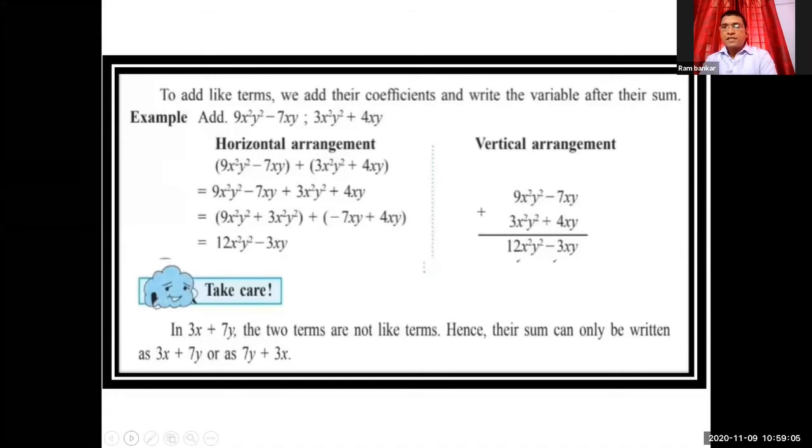Why is there a minus sign? Because outside the bracket there is a plus, and in the bracket there is minus 7xy. So plus and minus, negative and positive numbers, we will get the answer negative. Okay, minus. So 7 minus 4, 3xy is the answer. In this way we have written 12x square y square minus 3xy.